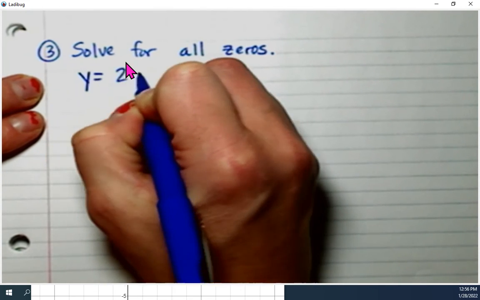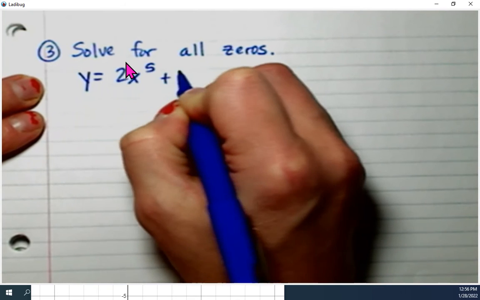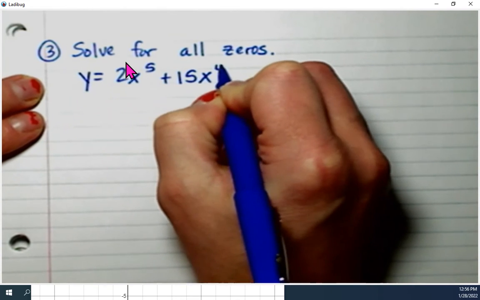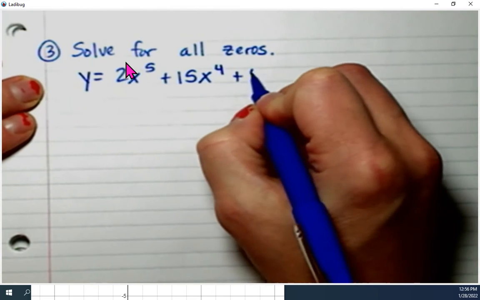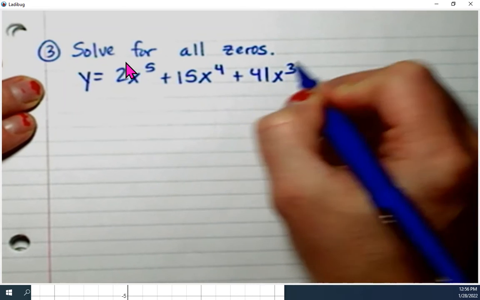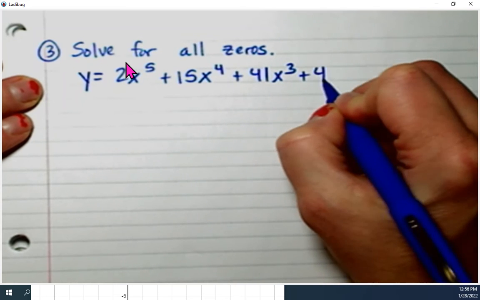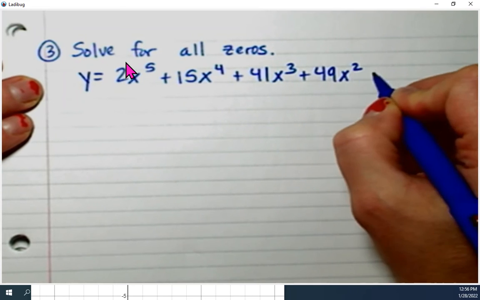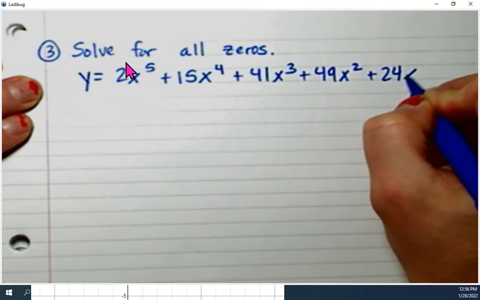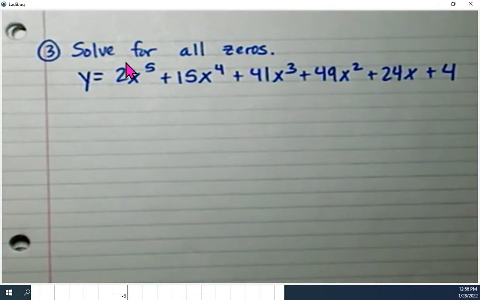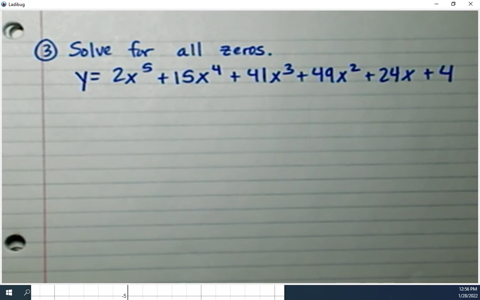Y equals 2x to the 5th, 15x to the 4th, 41x cubed, 49x squared, 24x plus 4. First up, I'm like, you want me to factor? You're like, yeah, I don't think so.